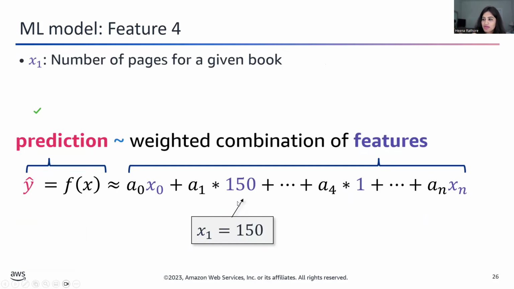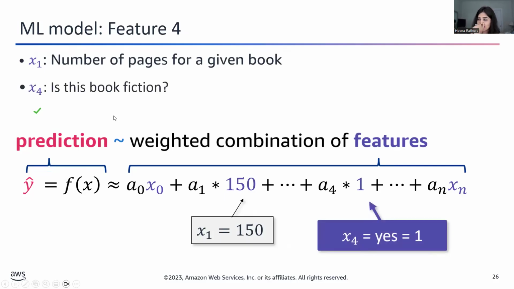So here, once again, you want to predict the actual label associated, which is the price for this specific example. So you will fit in all of these values which are related to your features. In this case, if it is a fiction book, you will make the X4 value a 1 because it's a yes.